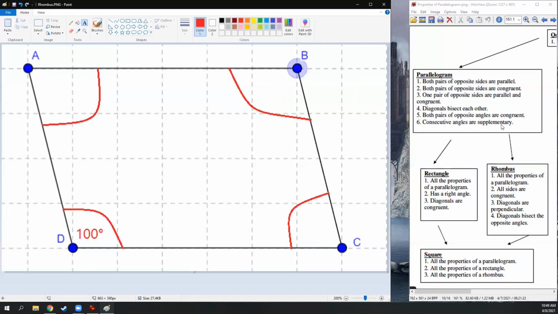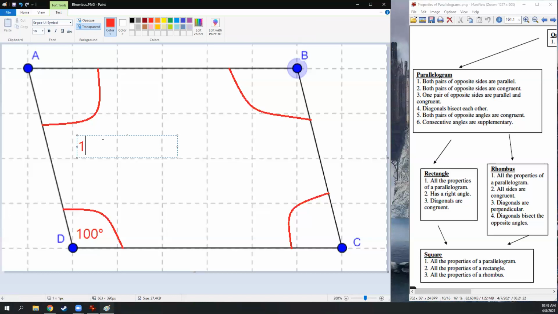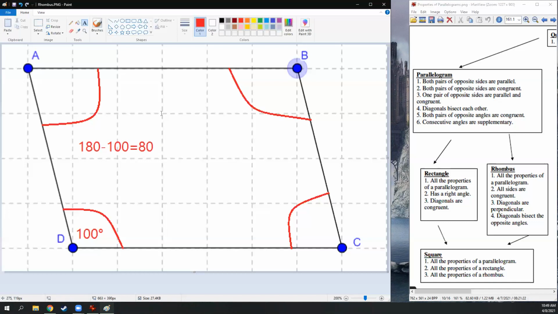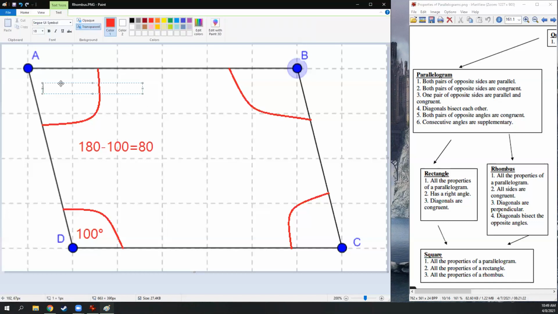Supplementary means that two angles add up to 180. So if D is 100 and D plus A equals 180, then what is angle A? Well, you can solve it. 180 minus what you have will equal what you're missing. So we know A is 80 degrees.